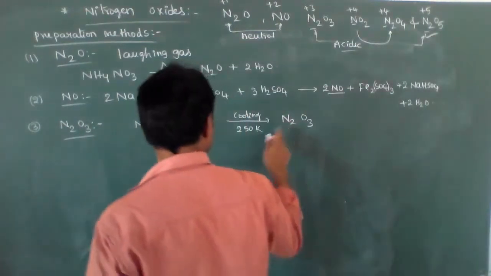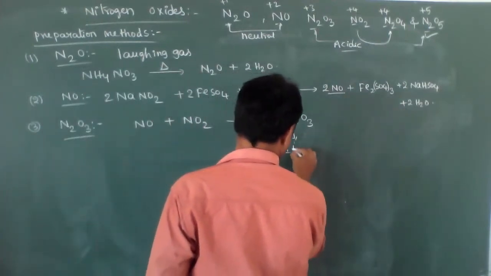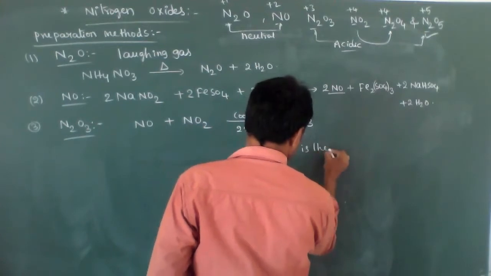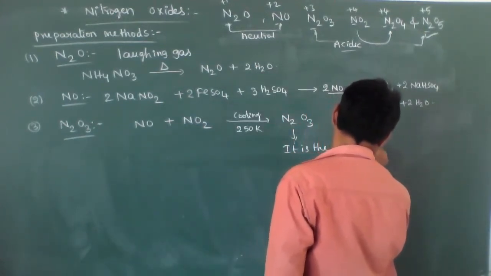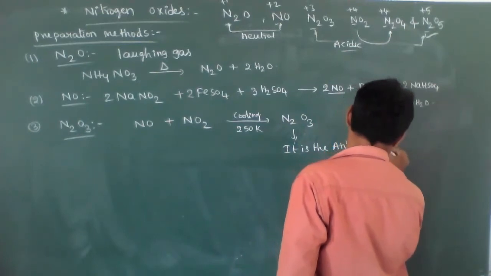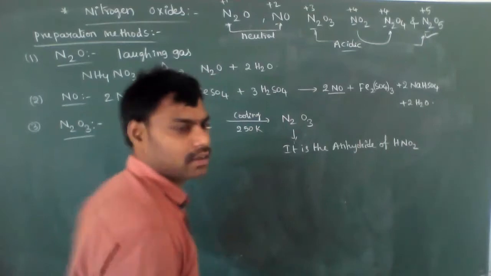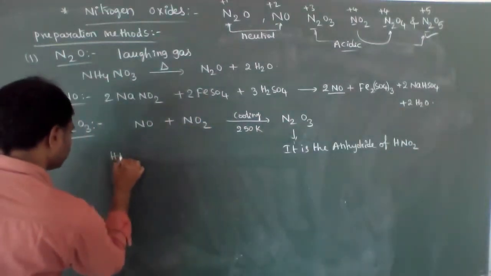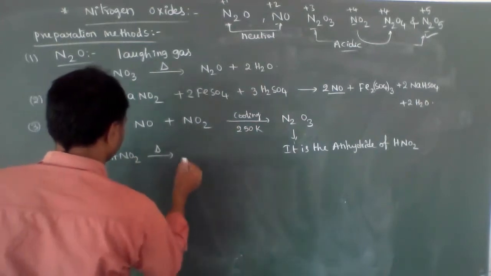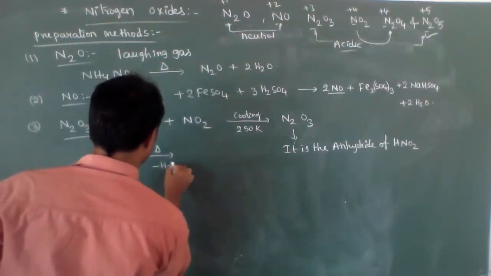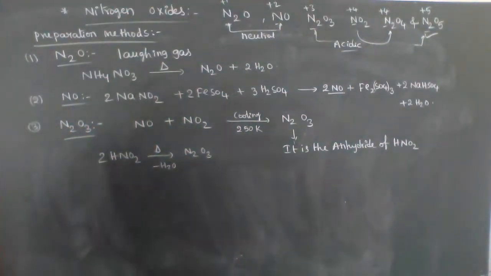This dinitrogen trioxide is the anhydride of HNO2, nitrous acid, because HNO2 on heating loses a water molecule and forms N2O3.